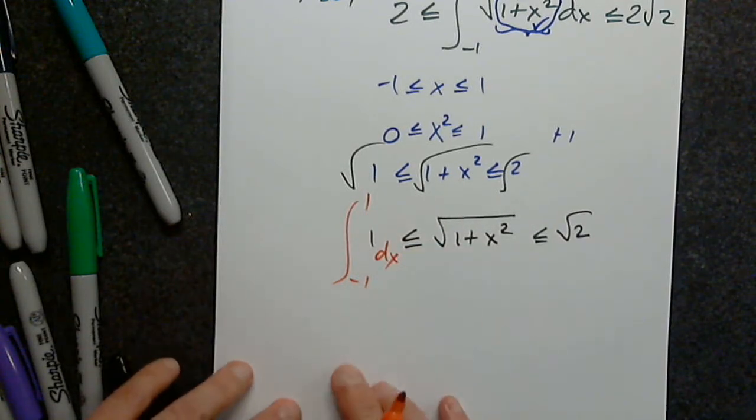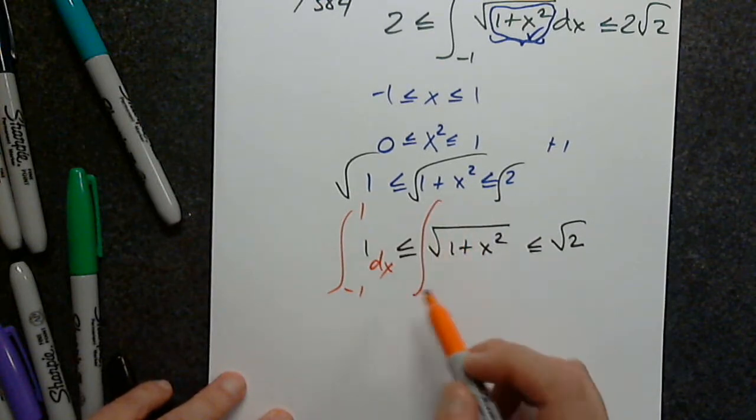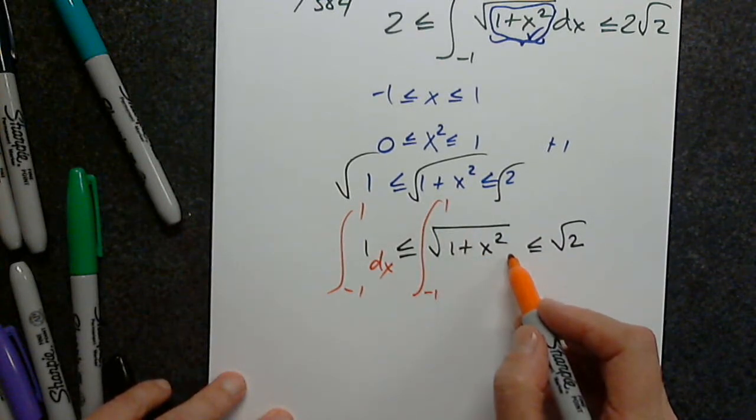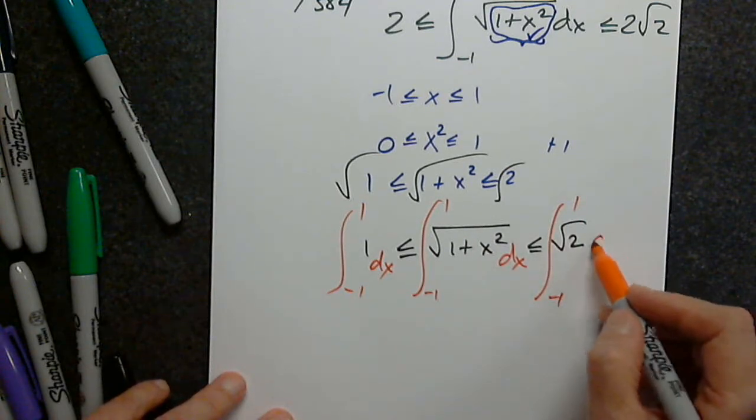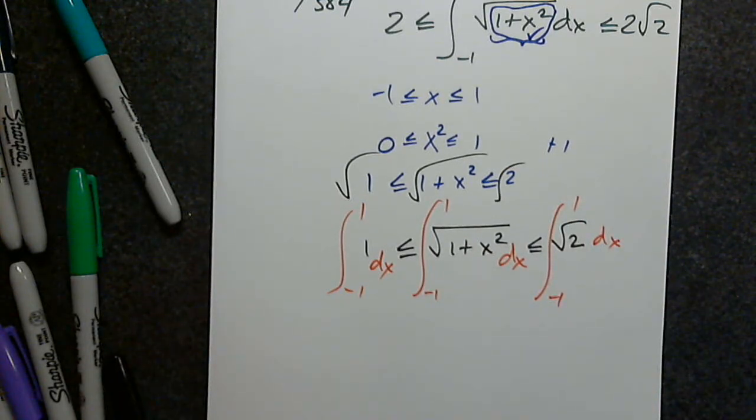Of course, dx. So we found out that the function is between 1 and the square root of 2. So then the area under 1 must be smaller than the area under the function, which must be smaller than the area under the square root of 2. We understand this. Good.